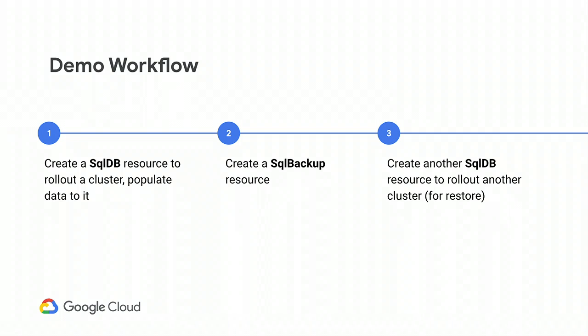In the second step, we will create a SQL backup resource to trigger the backup of the data that we inserted into the cluster in step 1. And lastly, we will create another SqLDB resource to roll out another cluster, and we will verify that the data of the old cluster can be restored to the second cluster.